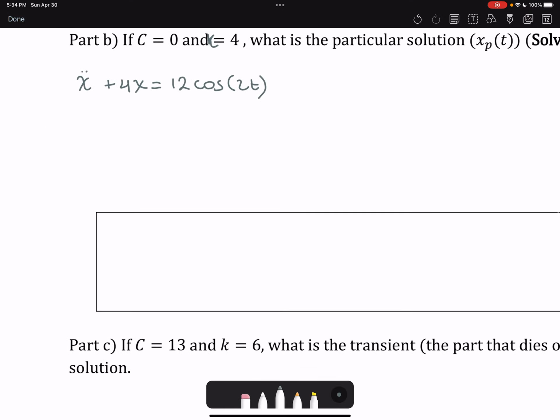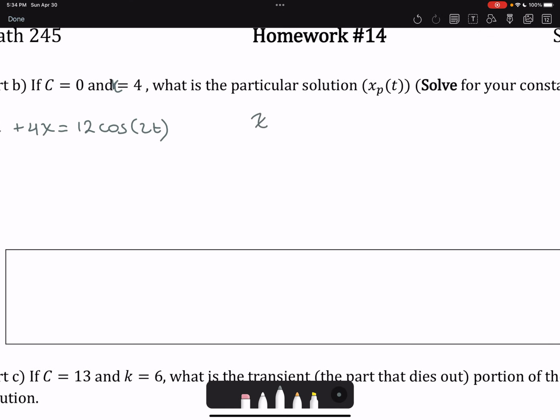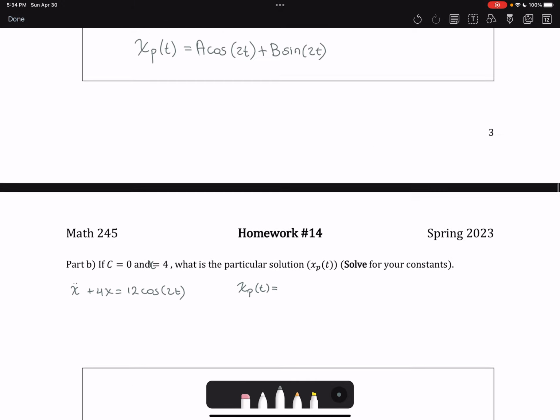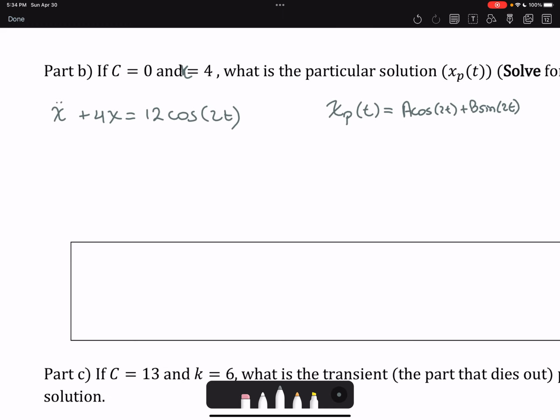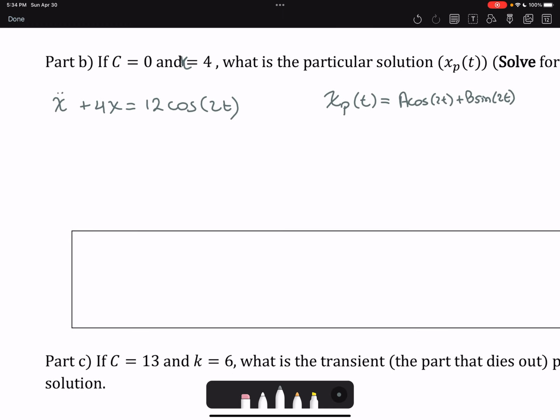Now, assuming x p of t is equal to what I said before, which is a times the cosine of 2t plus b times the sine of 2t, what's going to be the first derivative of this? Well, the 2 is going to come out. We're going to have 2a times minus the sine of 2t plus 2b cosine of 2t.